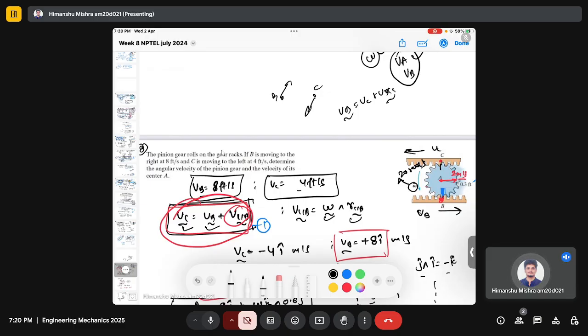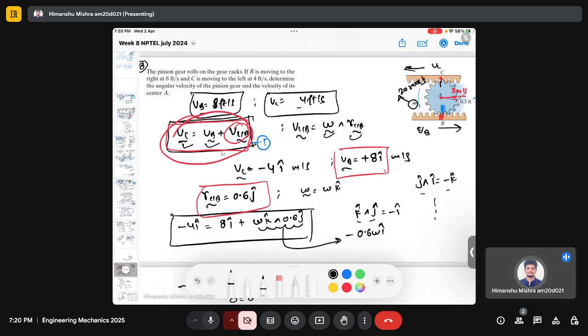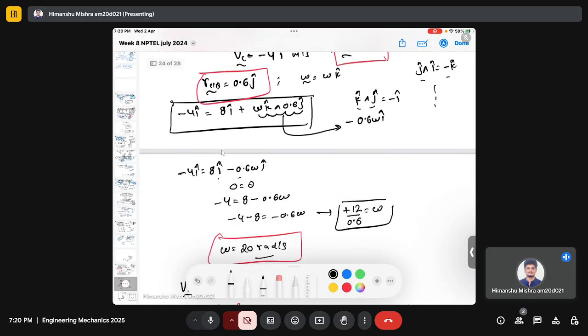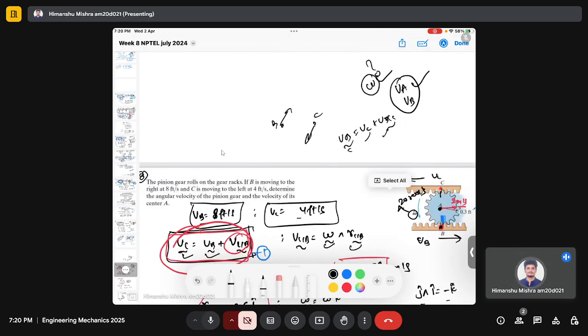So when we use this equation, first we need to identify all the vectors. So we identify all the vectors and we calculate the angular velocity, which we need to find. But then in the other part of the equation, we need to find the velocity of the other point A. So we consider that point, which is A, and the previous point B. So again it was the same question but with a different point.